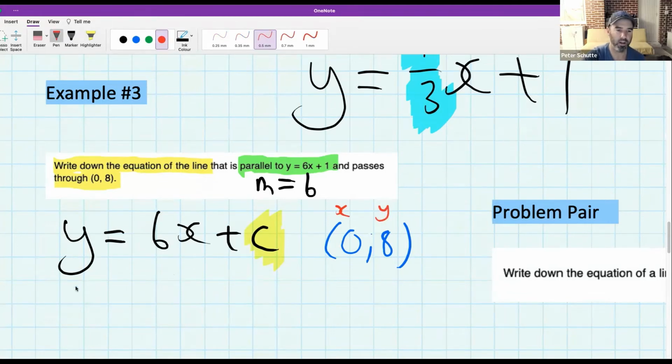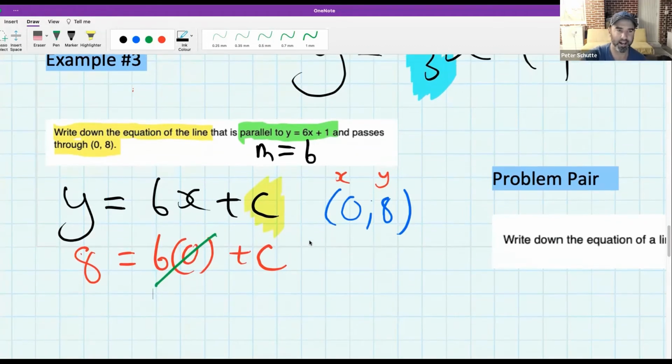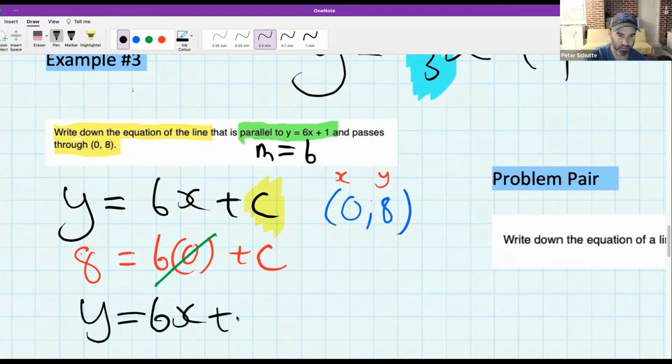So for (0, 8), y is going to be 8 and x is going to be 0. Well, anything times 0 is nothing, and so C is going to be equal to 8, and the equation of my line is going to be y equals 6x plus 8.